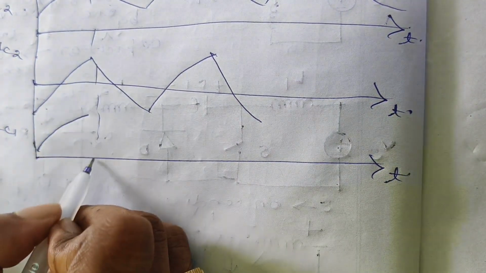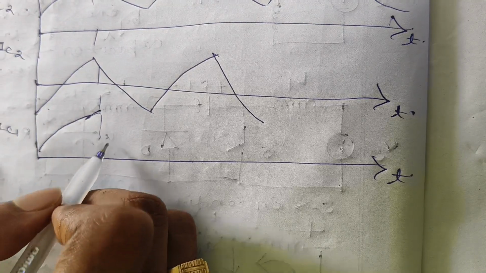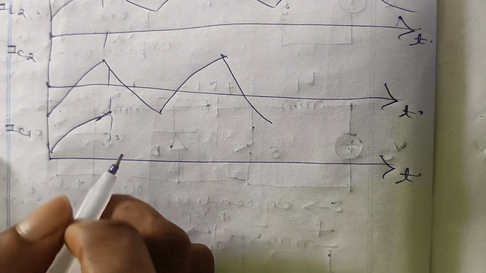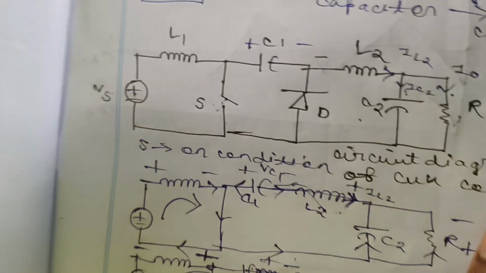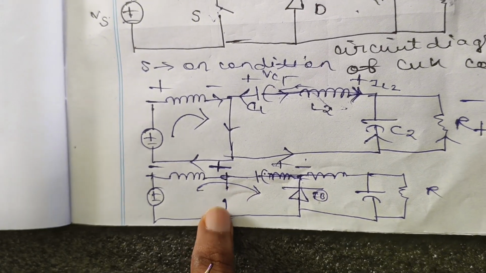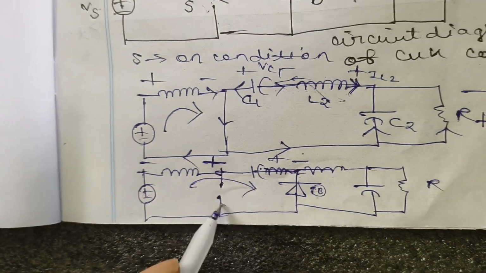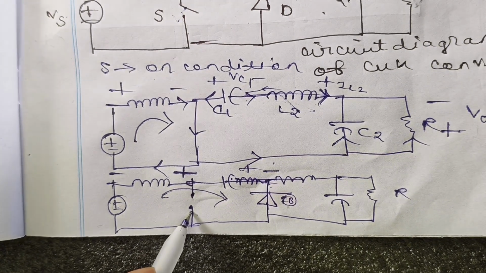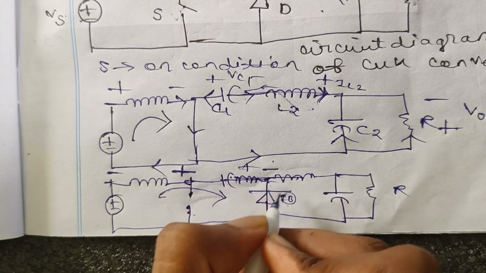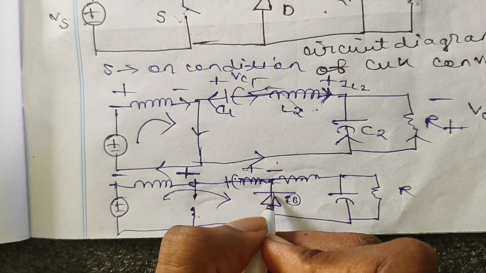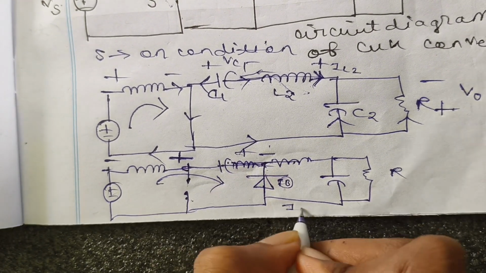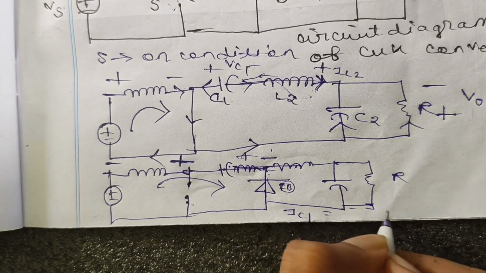Whenever the switch is in the off condition, the switch becomes open circuited, and you see there is the capacitor, then the inductor, with the diode connected in between. So IC1 now becomes minus IL1.